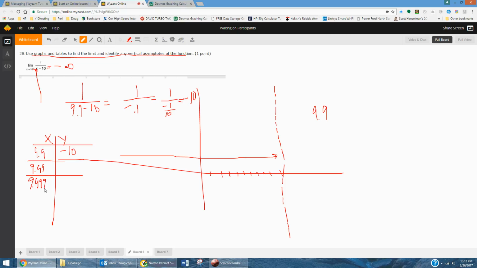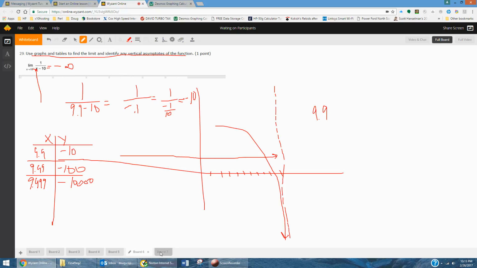On a calculator, 1 over 9.999 minus 10, you'd see the numbers get bigger and bigger, but in a negative direction. So negative 100, negative 1,000. We could make this number get as big as we want. So we know the graph is going to go like this.